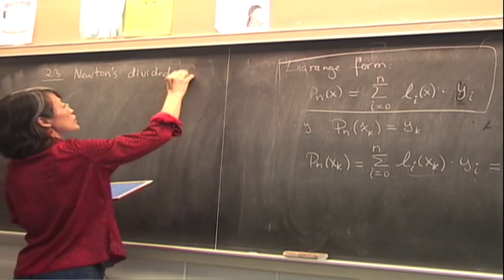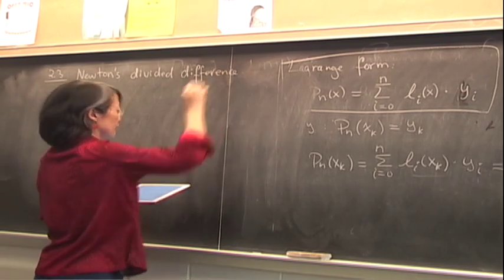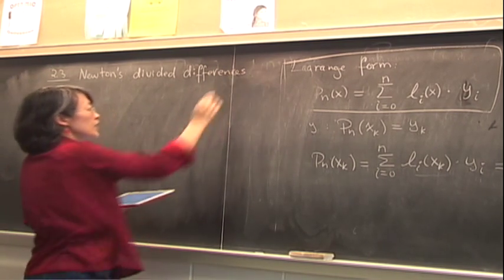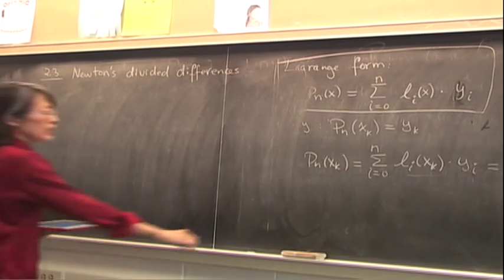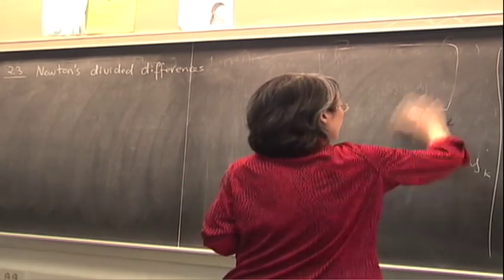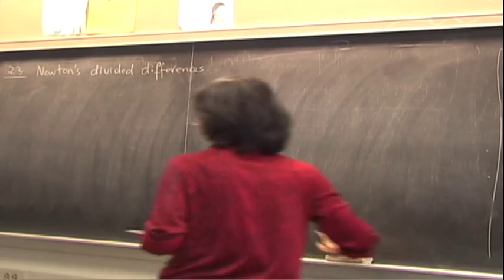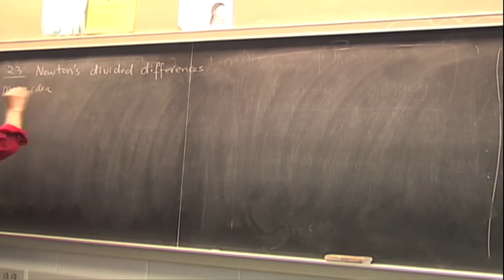This is due to Newton. Divided differences, okay, the name will explain later why it's called that. So the same problem, you want to find polynomials that interpolate the data, but the main idea is the following. I want this flexibility. So I want to design some algorithm. It's kind of iterative.